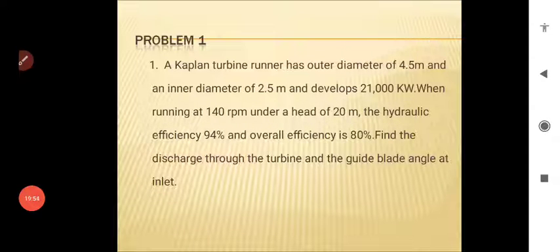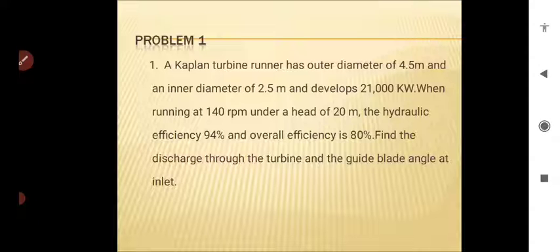Now let us solve this problem. Problem number 1. A Kaplan turbine runner has an outer diameter of 4.5 meter and inner diameter of 2.5 meter, and it develops 21,000 kilowatt when running at 140 rpm under a head of 20 meter.